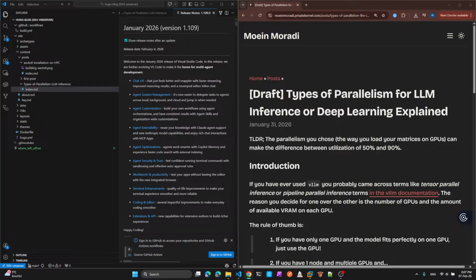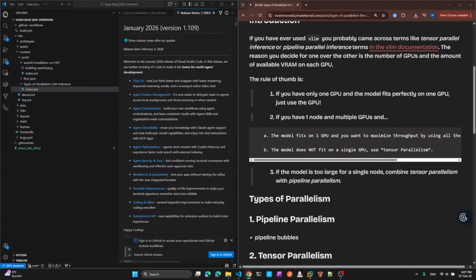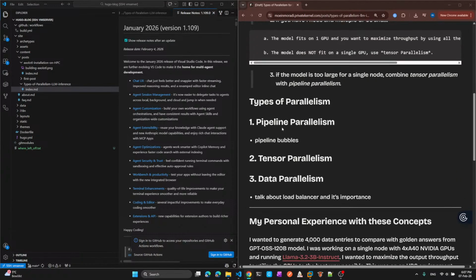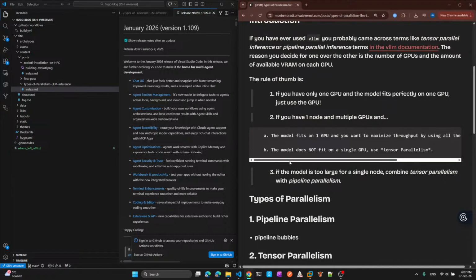Today we continue with the post that we started writing last time. Just as a reminder, the idea was that there were three types of parallelism that we could use, and we go over all of them and then describe what to use for what reason.